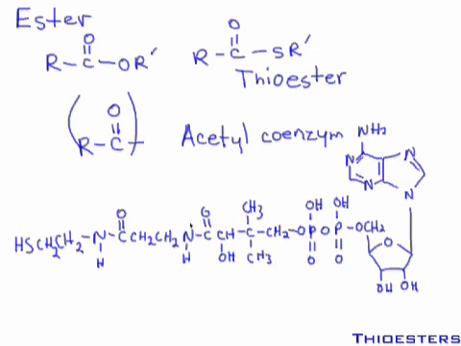This is coenzyme A. This is the R prime group on the S, and there's the SH. Acetyl coenzyme A, therefore, is often written as a CH3 and an S, and you often write it as CoA, where CoA represents all of this unit.